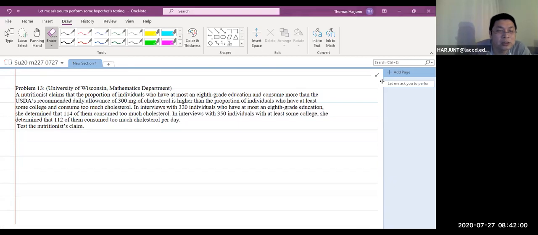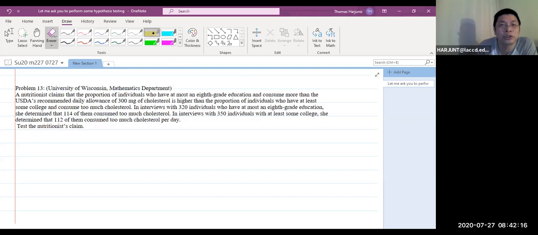A nutritionist claims that the proportion of individuals who have at most an 8th grade education and consume more than the USDA recommended daily allowance of 300 milligrams of cholesterol.